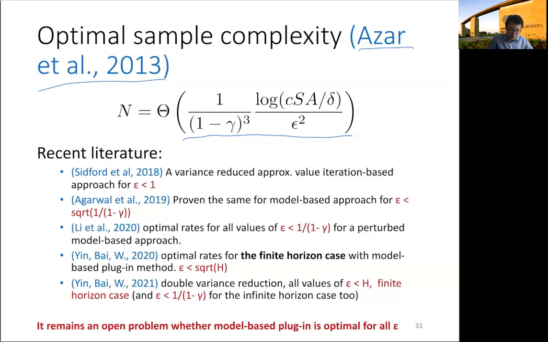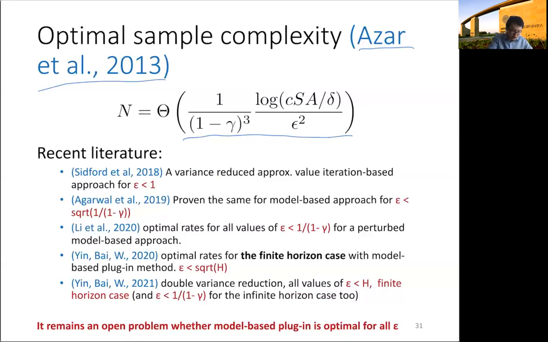So this applies to epsilon larger than 1, but not quite getting to the full generality when epsilon is smaller than 1 minus gamma. So this was resolved in a more recent paper using a slightly different approach, neither the model-based approach nor the value iteration-based approach.